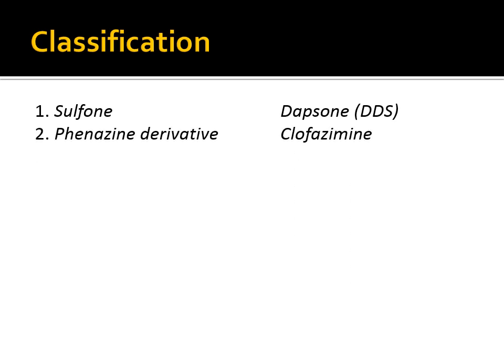The second drug is a phenazine derivative, and the drug is Clofazimine. Remember, phenazine derivative is the chemical group, and it may not be necessary to remember this, but the drug name you should remember: Clofazimine.